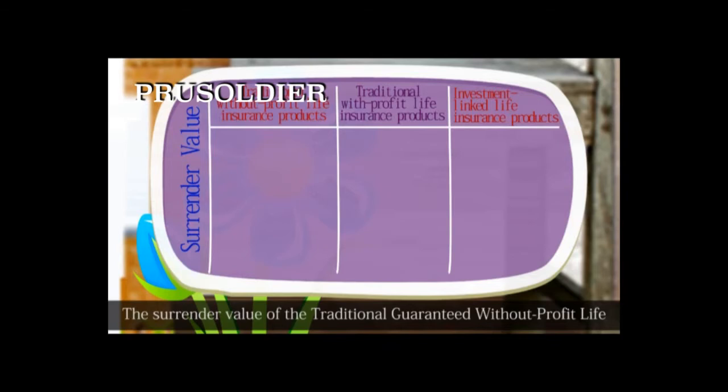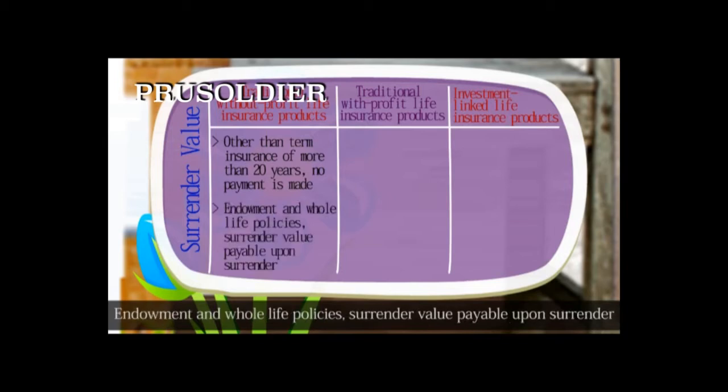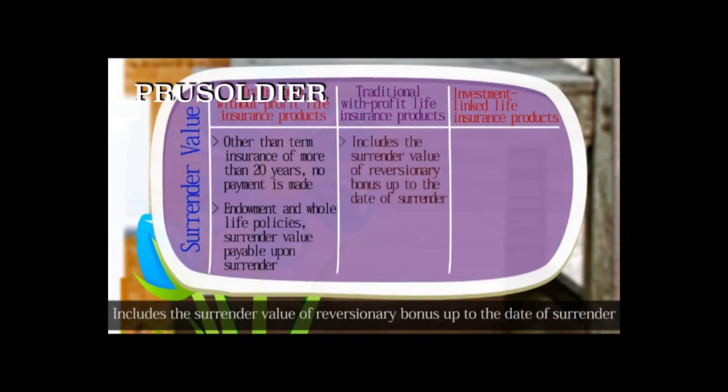The surrender value of the traditional guaranteed without profit life insurance has the following conditions. Other than term insurance of more than 20 years, no payment is made. Endowment and whole life policies surrender value payable upon surrender. The surrender value of the traditional guaranteed with profit life insurance includes the surrender value of reversionary bonus up to the date of surrender.